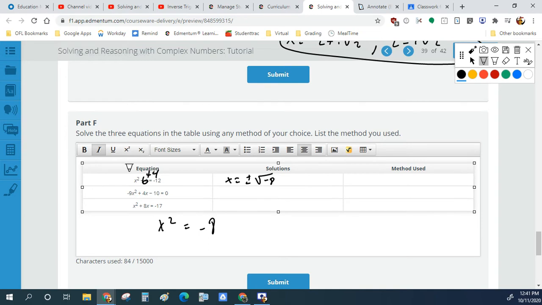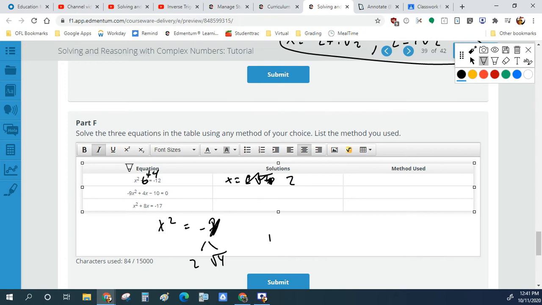If I wanted to simplify this, I would have to factor tree this. So I get 2 and 4, crossing this out. And I know that 4 has a square root. So I can also say x equals, the square root of 4 is 2.